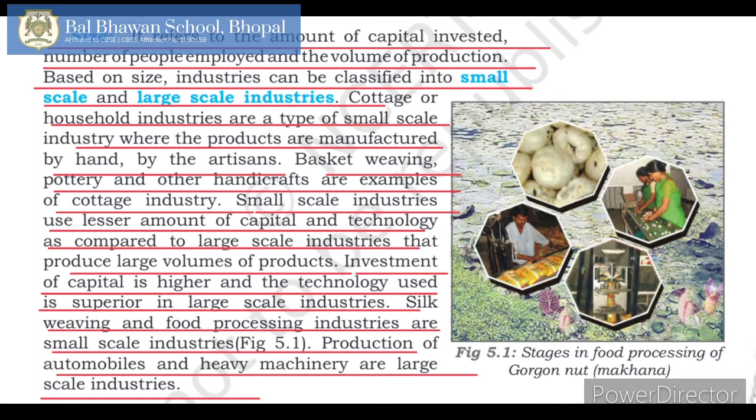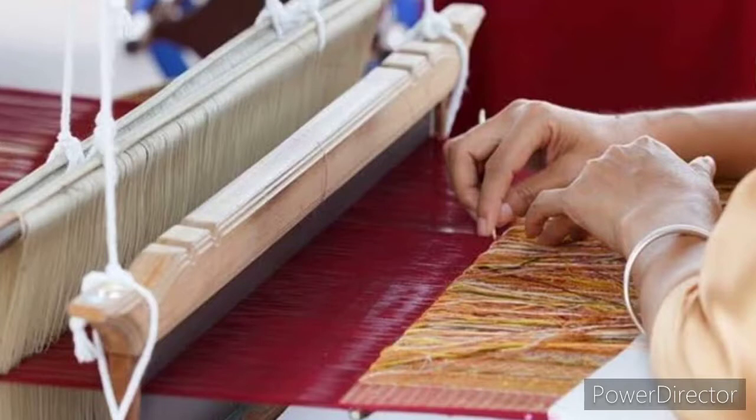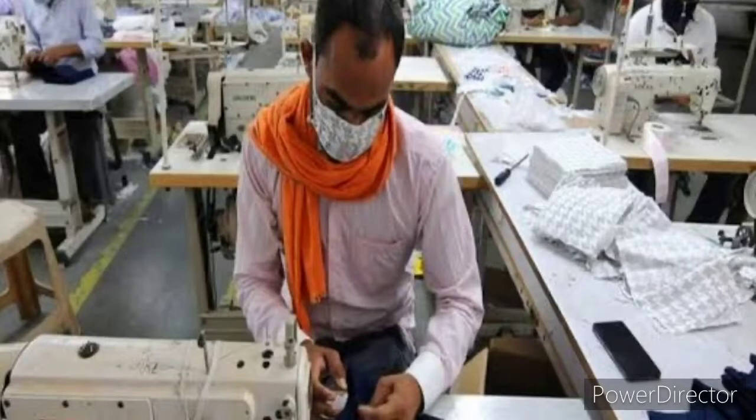When we talk about the small scale industries, these are the industries where the products are manufactured by hand. Many artists are involved in that. Basket weaving, pottery, and other handicrafts are examples of cottage industries.